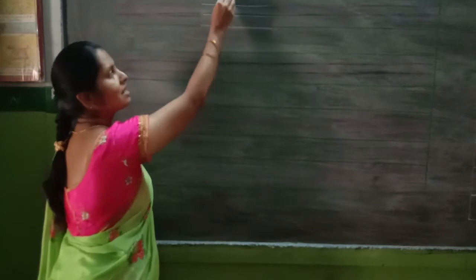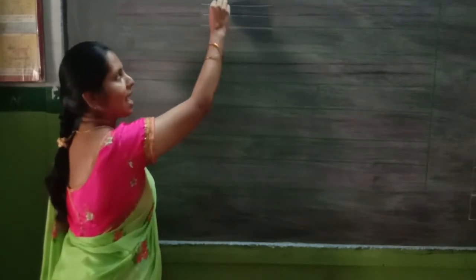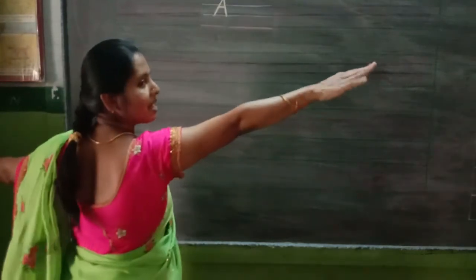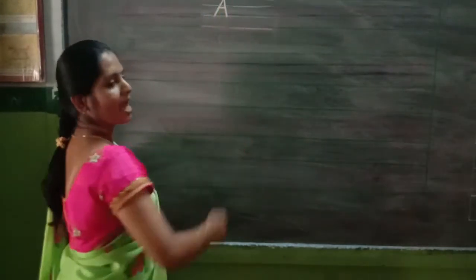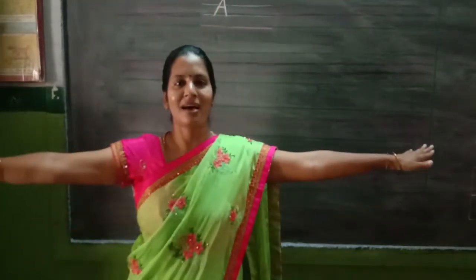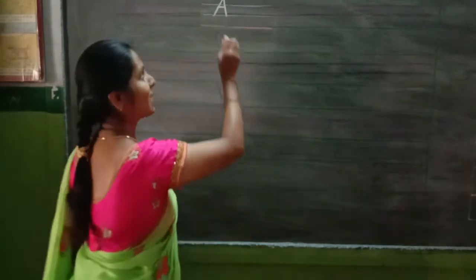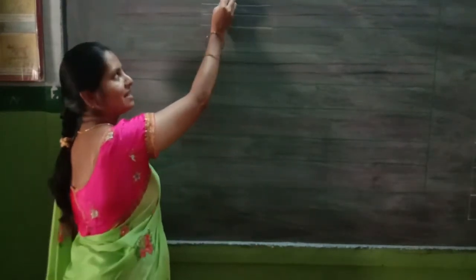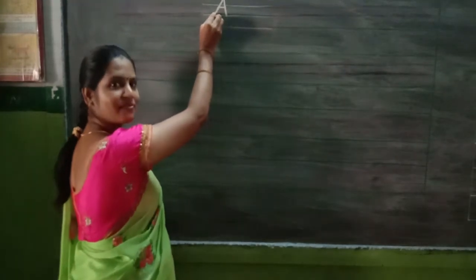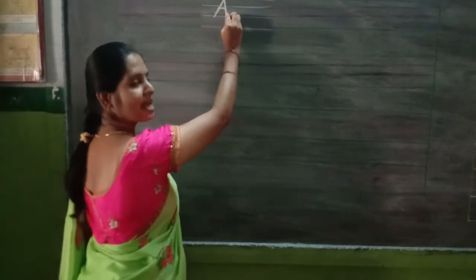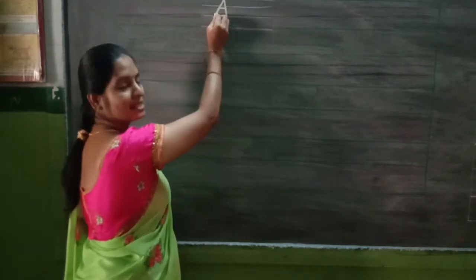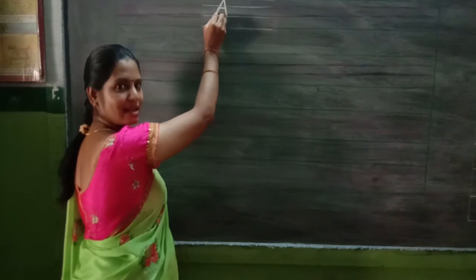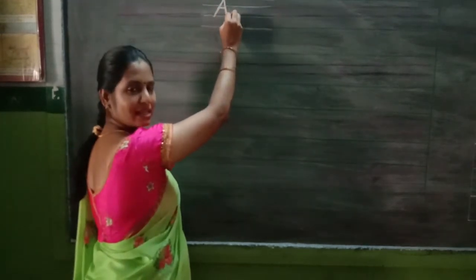Slanting line, and a sleeping line. Can you write this, children? Slanting line, that is your left slant. Another slanting line, this is your right slanting line.